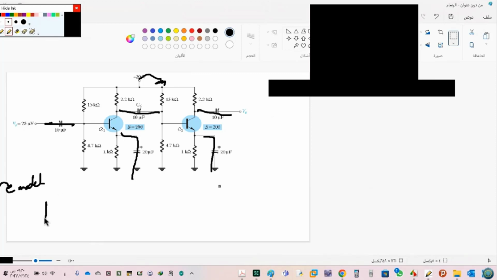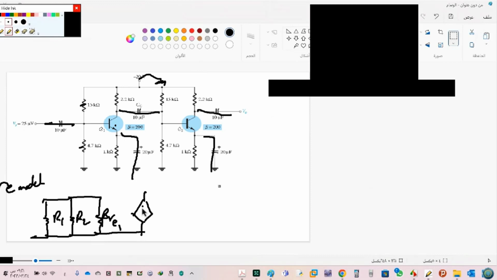We have for stage 1, R1, R2. For this one, we have beta RE1, then beta IB1, then we have RC1.